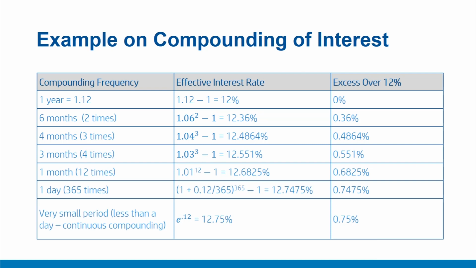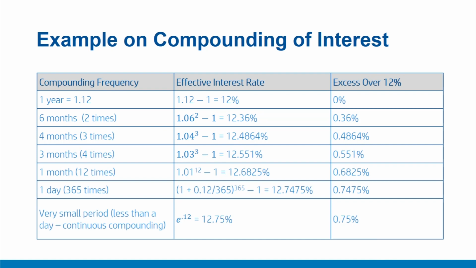So this is the maximum frequency, that means interest is paid at as small an interval as t tending to 0. As the compounding frequency increases, the excess interest rate over 12% also increases.